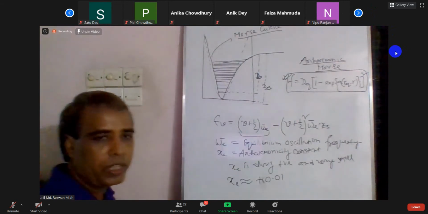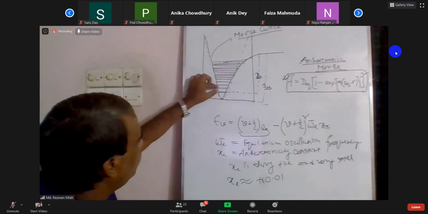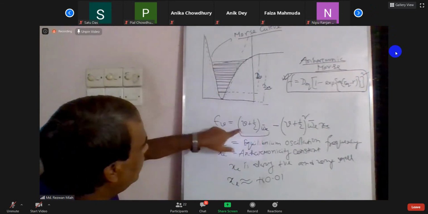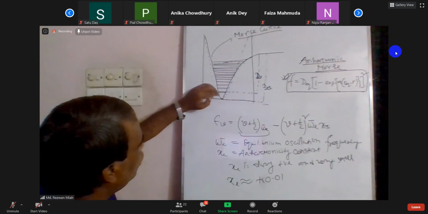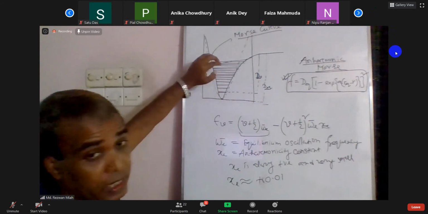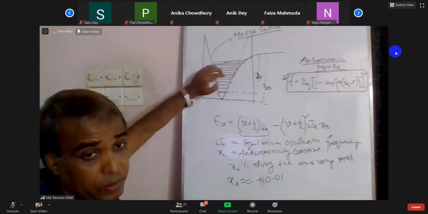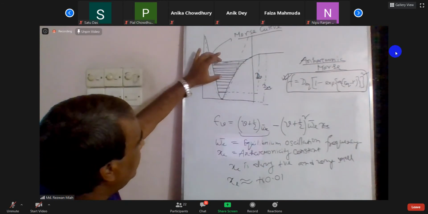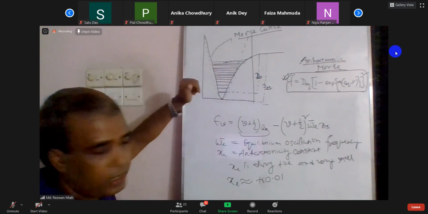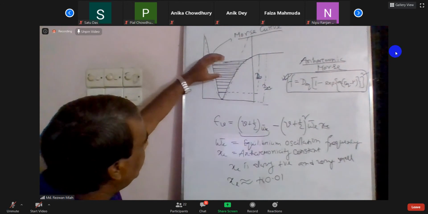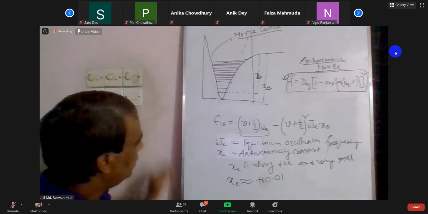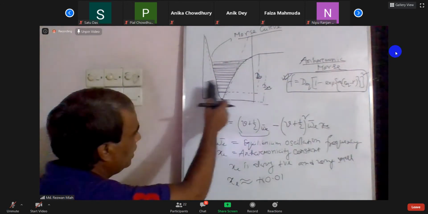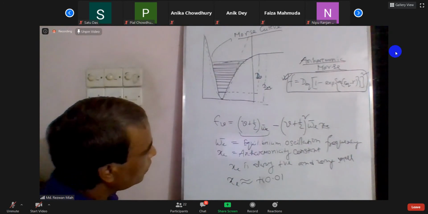In the case of a harmonic oscillator, energy levels are equally spaced, but in the anharmonic case, as we go up, that is increasing the value of mu, the vibrational quantum number, the energy levels get more crowded. This is the difference between the harmonic and anharmonic case.